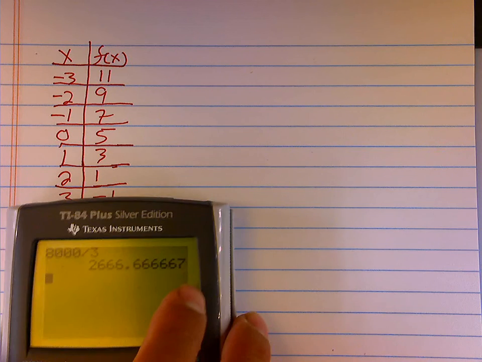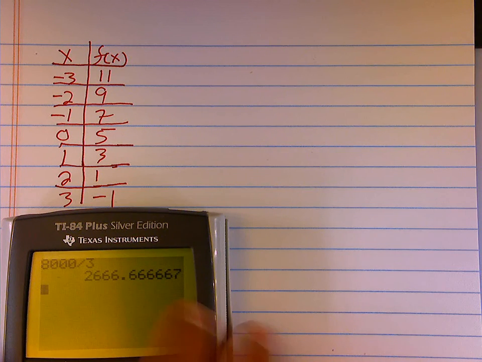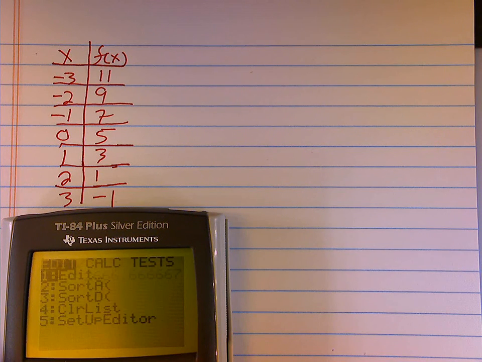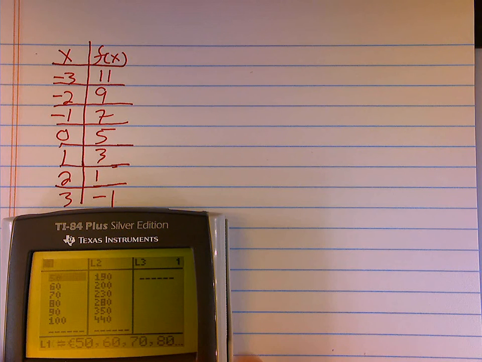Let me put that over here so you can see it better. Stat, edit, going to clear my L1, clear my L2, -3 through, yep, we're good. Put in my x values, I'm going to put in my y values.